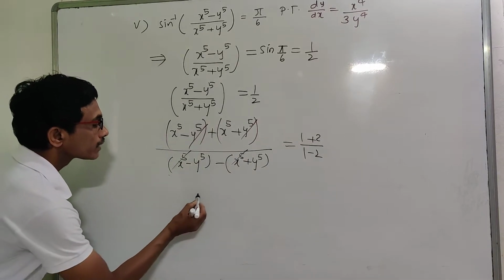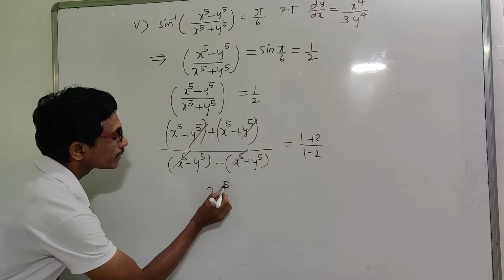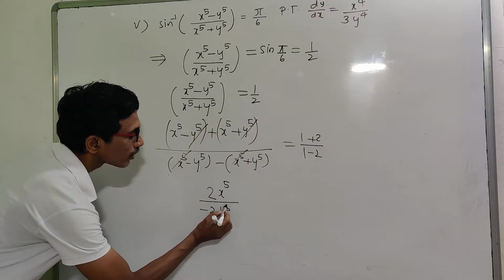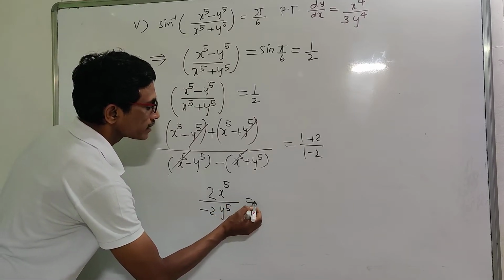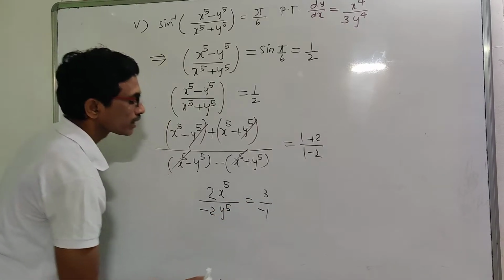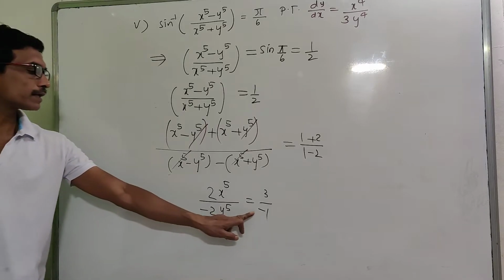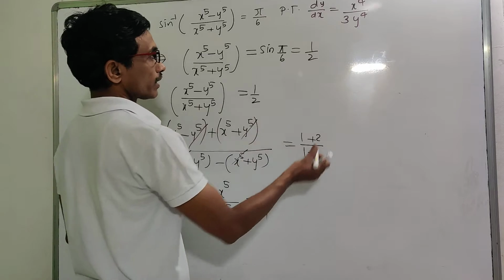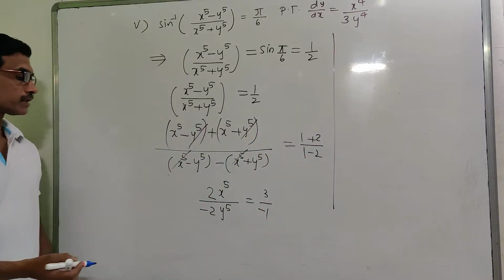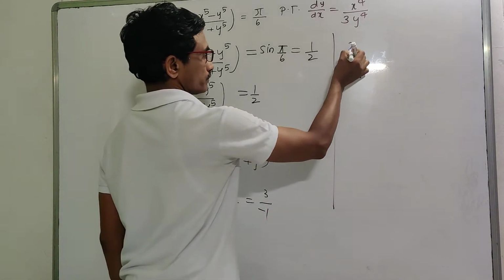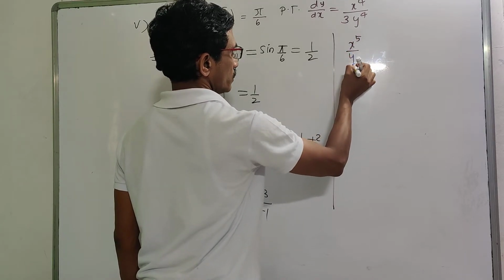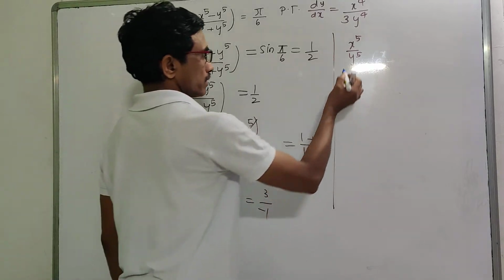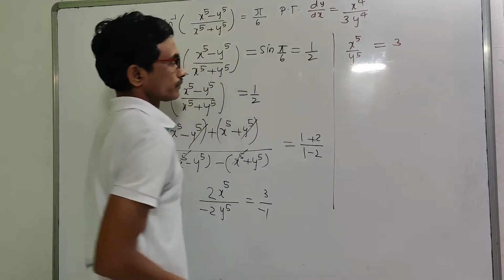So numerator is 2x to the power 5, denominator is minus 2y to the power 5, and the right hand side is 3 upon minus 1. This minus sign gets cancelled, 2 is getting cancelled, and finally you get the expression: x to the power 5 upon y to the power 5 is equal to 3.